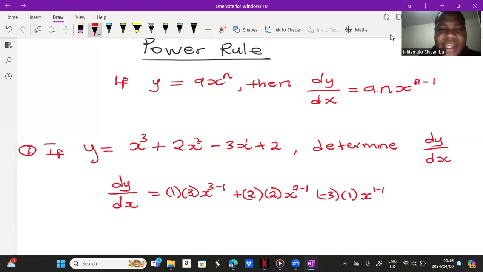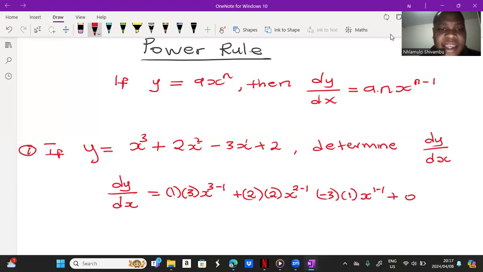What you must know is that the derivative of a constant, or the derivative of any number, is always 0. So you don't have to think twice here. Every time you determine the derivative of a number with respect to x, the answer is always going to be 0. So this is a 0.